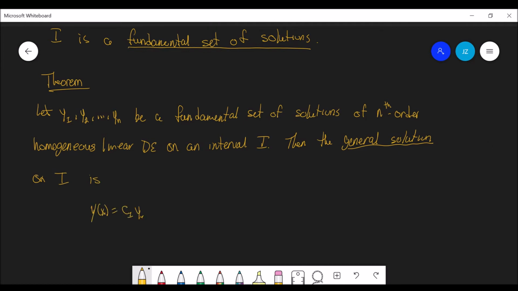So it's C1 Y1 plus C2 Y2 plus so on and so forth plus Cn Yn, where the C's are arbitrary constants.